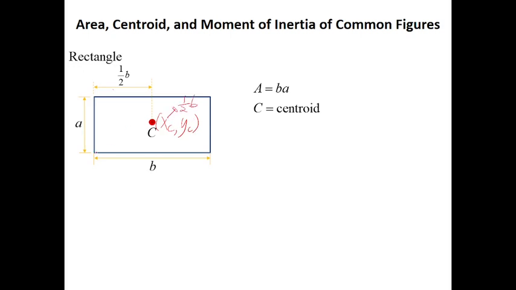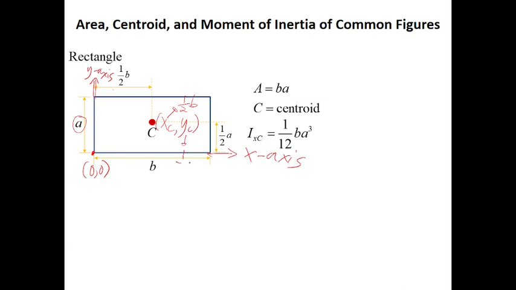If this is the point 0, 0, the origin, and we consider this as the x-axis, and we consider this as the y-axis, so this is one half b. Same as here, we have one half a. It's one half of the total length of a for the rectangle.